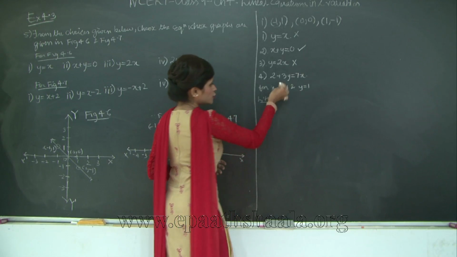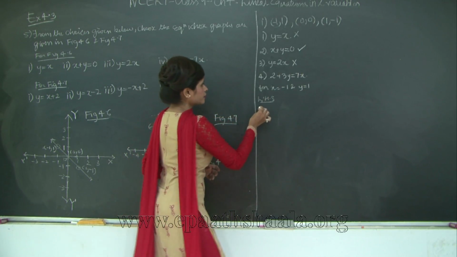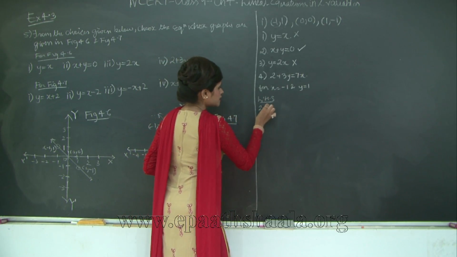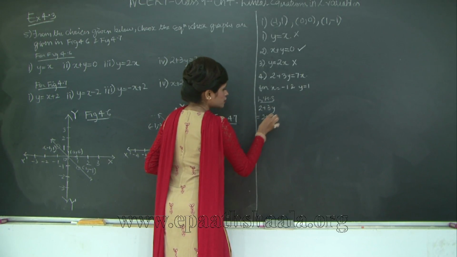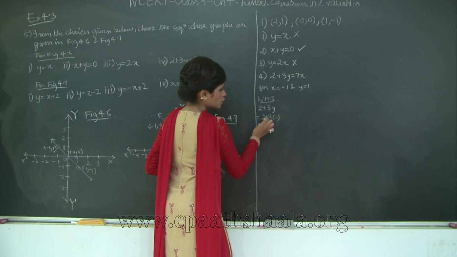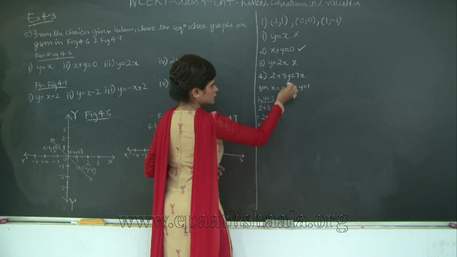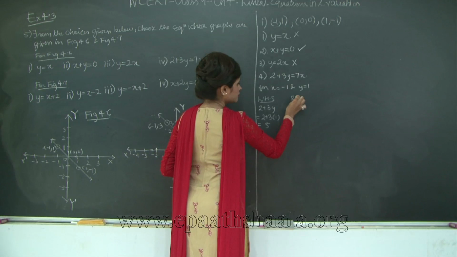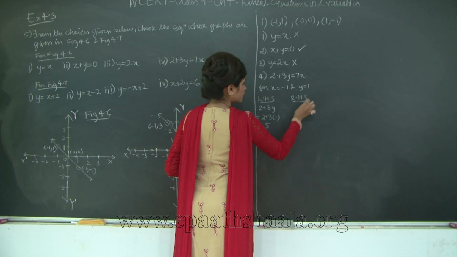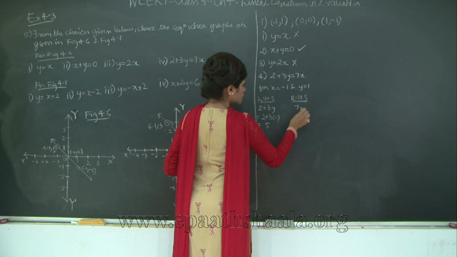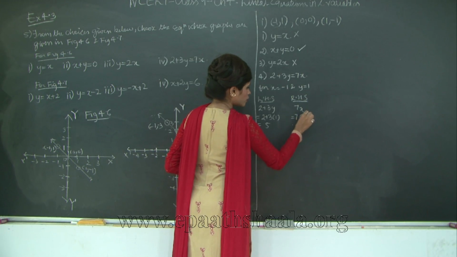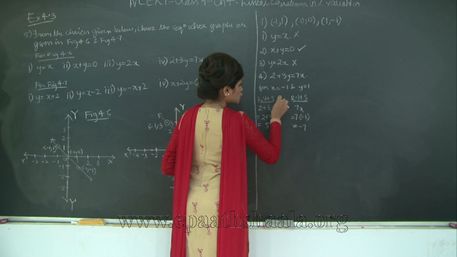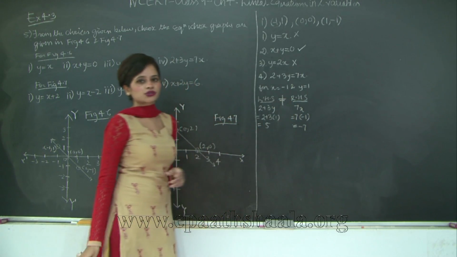As in, I'm going to substitute the values for x and y. So 2 plus 3y is going to be what? 2 plus 3 into 1, which is 2 plus 3, which is 5. Let's check for the right hand side, which is 7x, which is equal to 7 into -1, which is equal to -7. So you see that the left hand side is not equal to the right hand side.